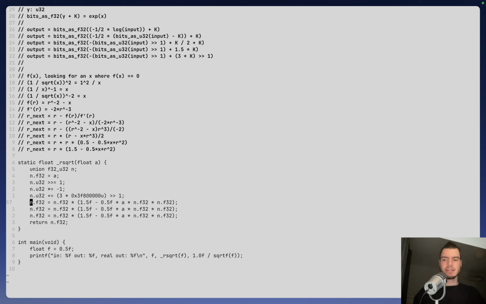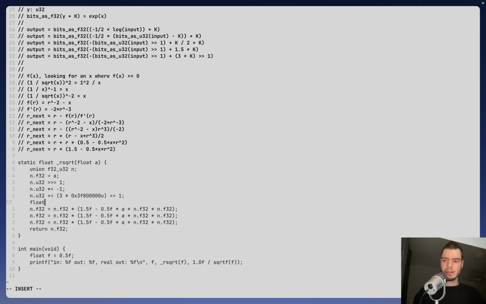Actually, we can go a little bit further. We can create a temporary value that is r squared. And we can... Sorry, that's actually not possible because r is updated with each iteration. But we can factor out 0.5 times a at least.